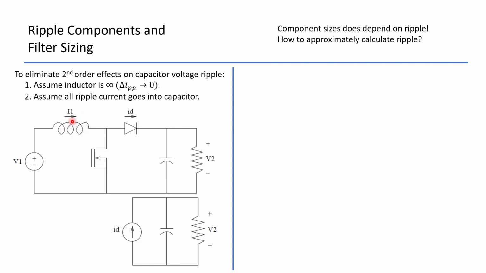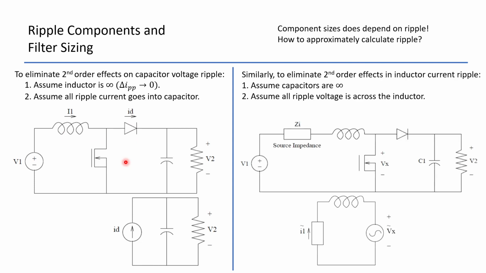If there's no ripple here, we can consider it just constant. Then we can analyze just the switch on and off. So it's easy. Like I said earlier, it's just an approximation, right? So we need to make some assumptions in order to reduce the complexity.